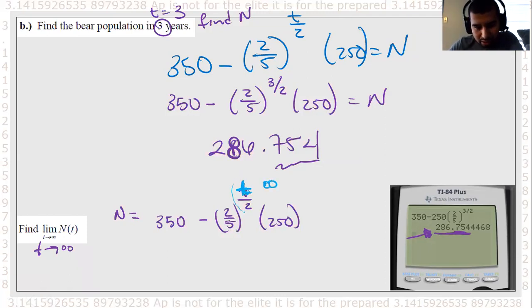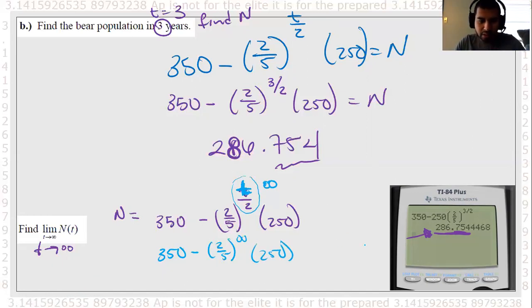What's going to happen to this number right here? Infinity divided by 2. Can we still agree it's a very large number, something close to infinity? So now I have 350 minus 2/5 raised to infinity, times 250.